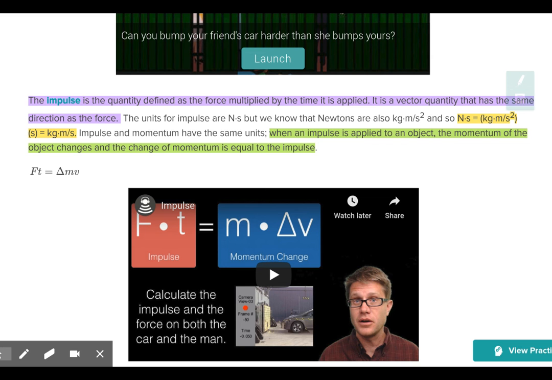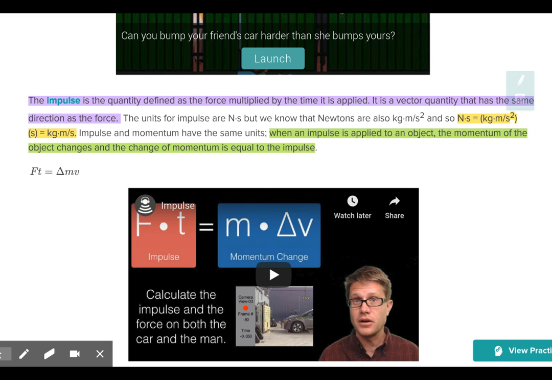Okay, so here the unit for the impulse is Newton times second, which is force times second. But we also know that Newton can be written as kilogram times meter per second squared, because F equals ma. So the impulse can be written as Newton times second or kilogram times meter per second.